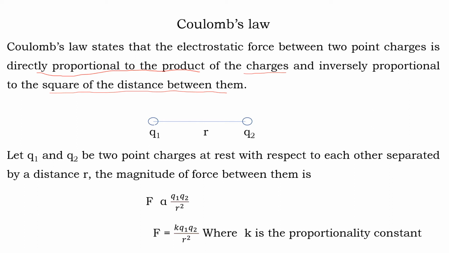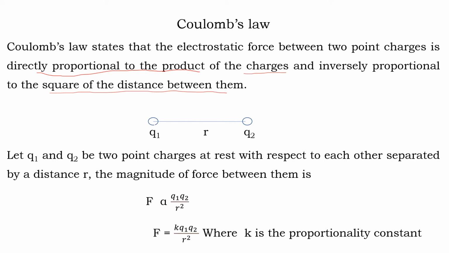Then the force of attraction or repulsion between these two charges Q1 and Q2 is represented by F, and this F will be proportional to the product of the charges Q1 and Q2, and inversely proportional to the square of the distance between the two charges.